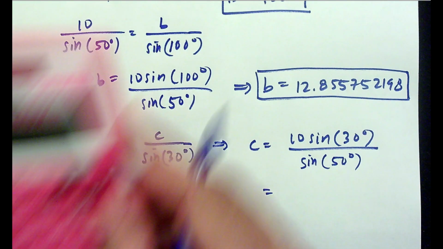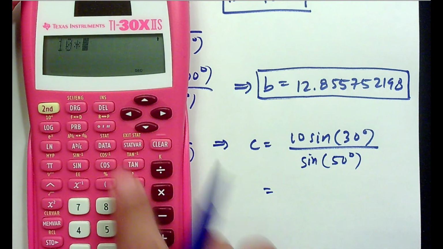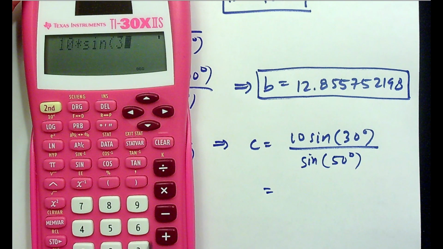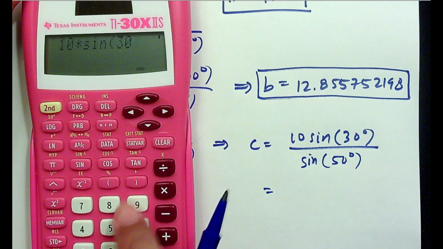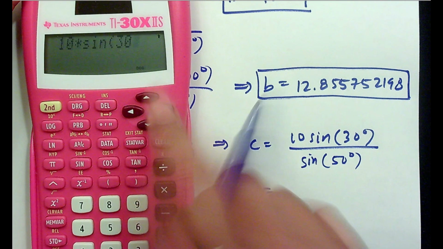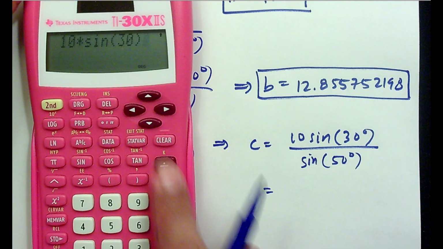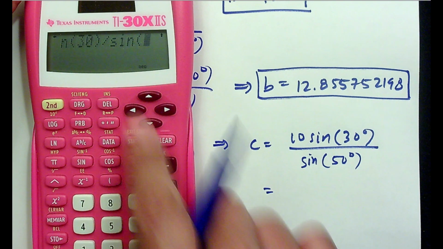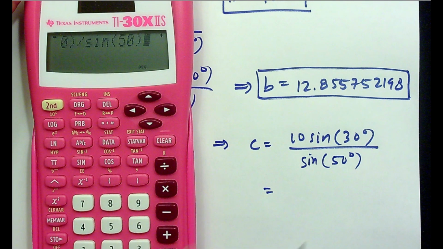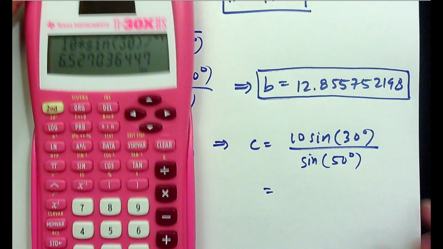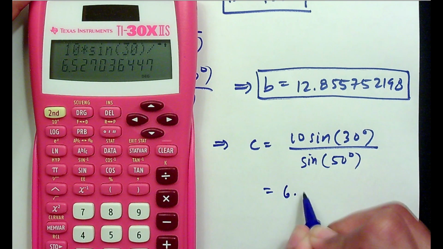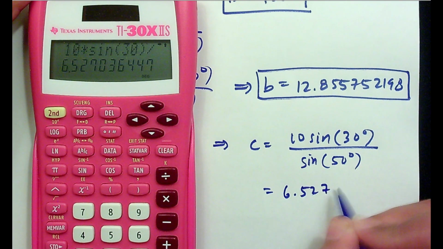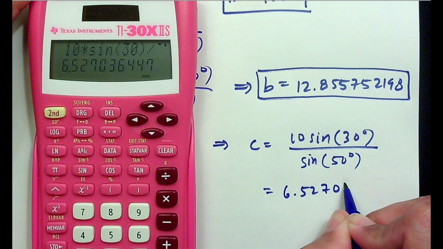Okay, let's put in the calculator: 10 times sine of 30 degrees divided by sine of 50. So this is 6.5270364447.